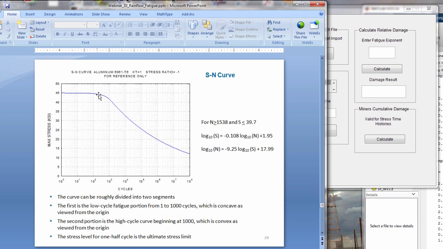Kt here means that this curve is for a stress concentration factor of 1. We're going to account for our stress concentration factor of 3 separately. I'll explain that. But sometimes you'll find in references that there are different S-N curves for different stress concentration factors, and you'll see references to notched and unnotched samples, for example.